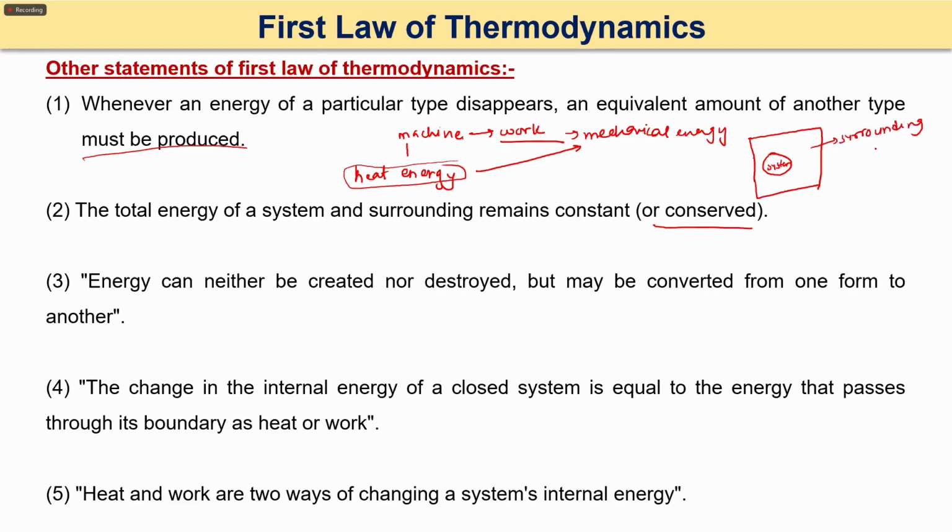Initially its energy was here, and somehow this system does some work on the surrounding. What will happen? The energy of the system will decrease, and the energy of the surrounding will increase, but overall it will remain constant. So if it is getting used by the system and being supplied to the surrounding, then somehow it is remaining constant.